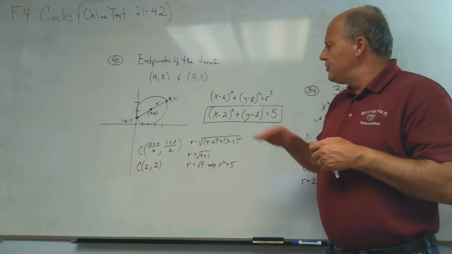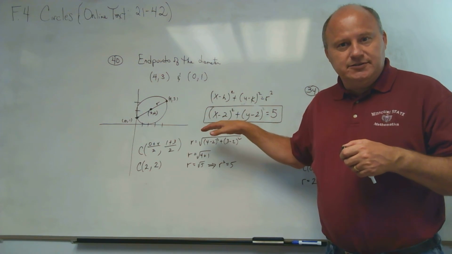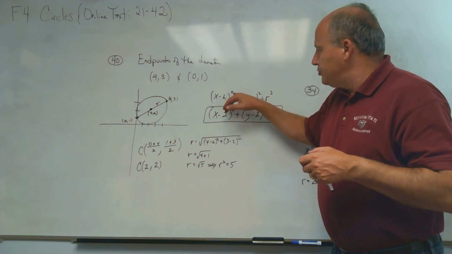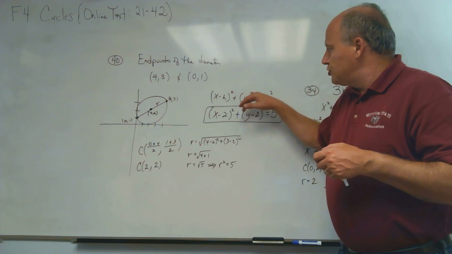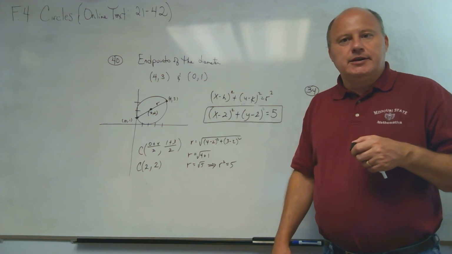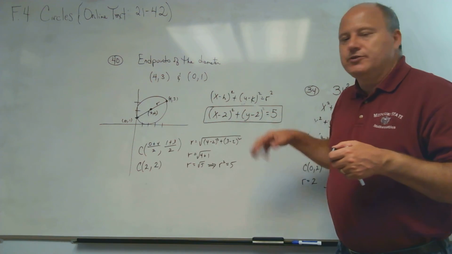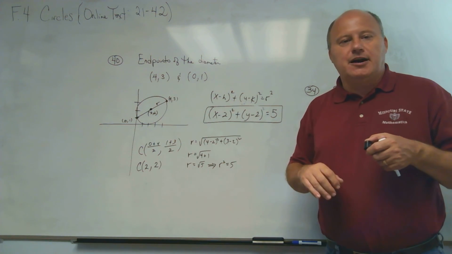So these equations are non-negotiable. Being close doesn't count. If you put everything right except you don't put your squares there, that's a common mistake, by the way. People forget the squares on the terms. Another one is putting an x plus 2 and a y plus 2 there. Getting the signs wrong inside is a common mistake.